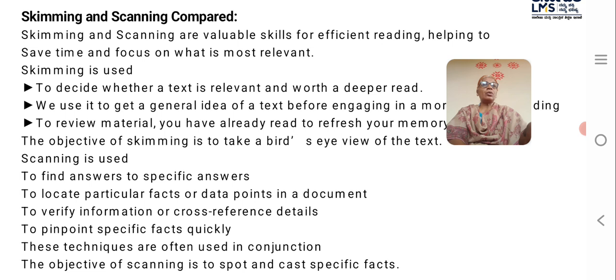Skimming is to go through the contents, to identify the relevant topics which you need to explore for detailed reading. Whereas for scanning, you locate particular facts or data points. You do scanning to verify information or cross reference details, to pinpoint specific facts quickly.